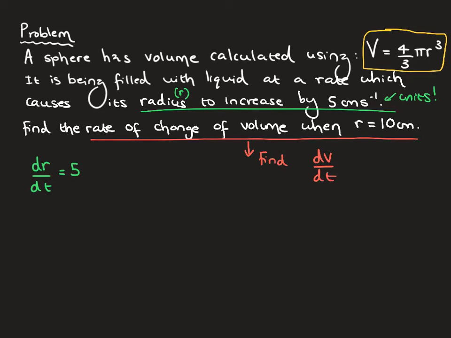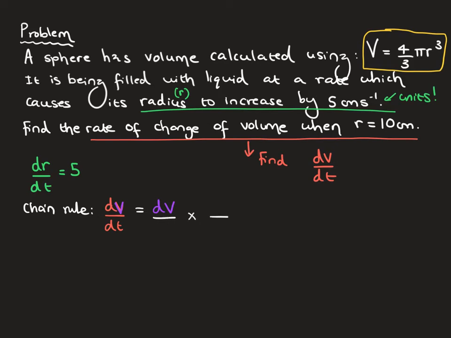So, what does the chain rule tell us? The chain rule tells us that we can find dv by dt using a connected rate of change. Now, let's think about this carefully. We want there to be a v here, so we need dv.